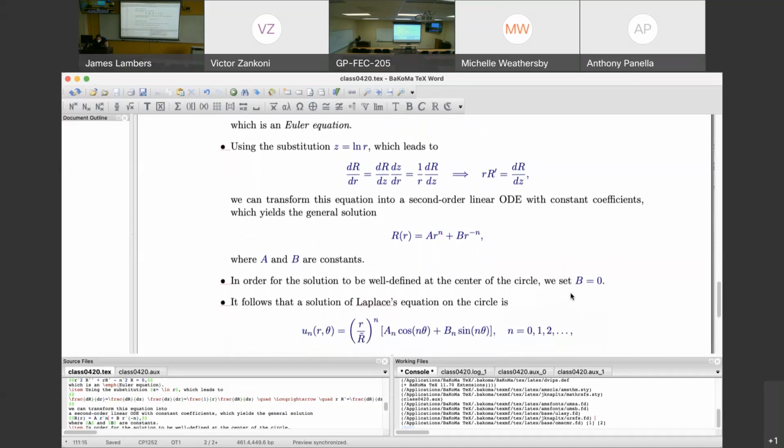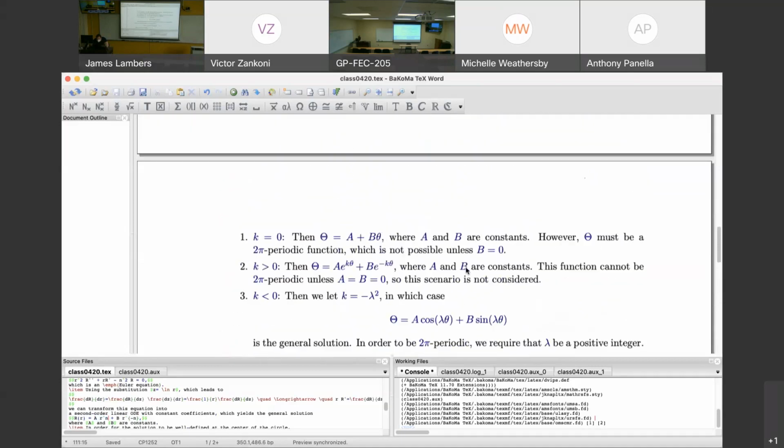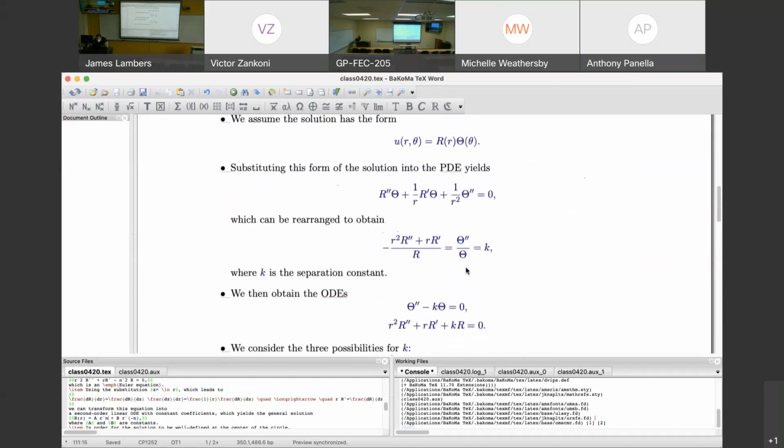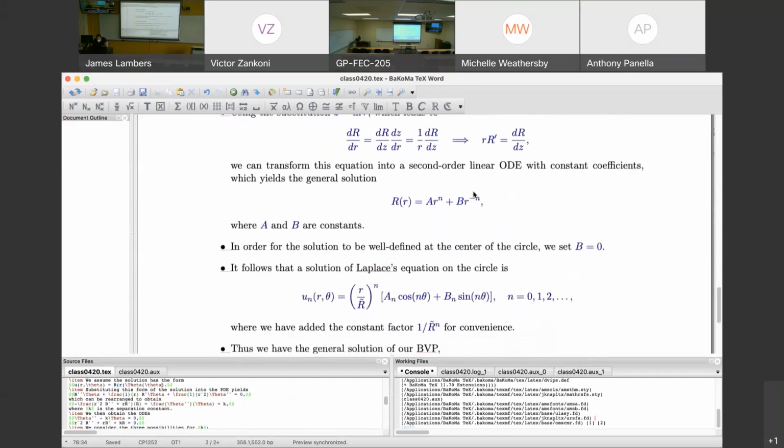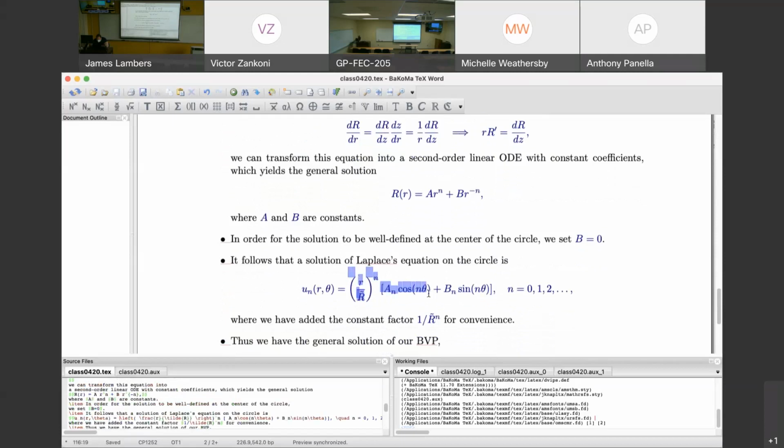So now, if you keep in mind what's happening in separation of variables, our solution is assumed to be our function capital R times our function capital theta. So now we have both of these. So if we multiply these two together, then we have a solution of this form. So here's our theta solution that I showed you earlier.